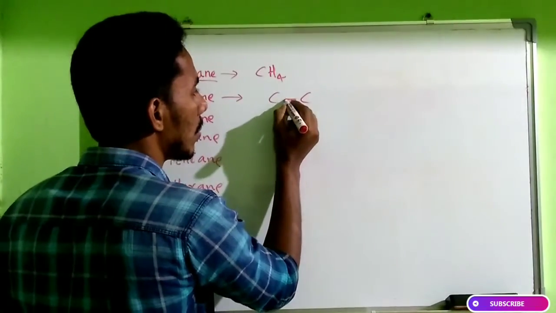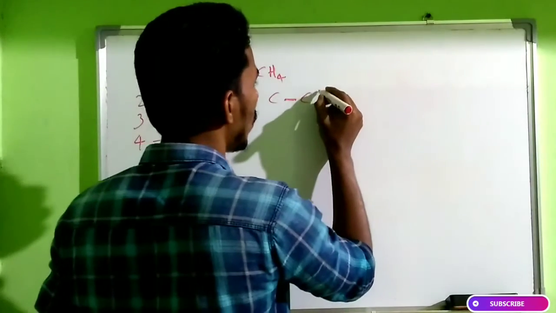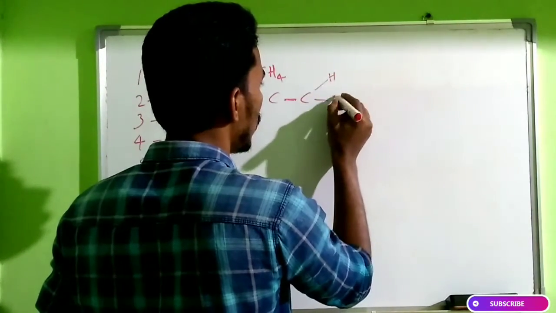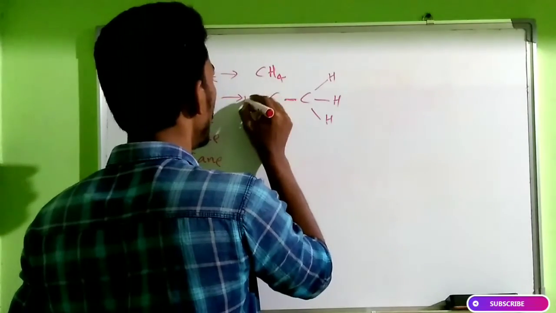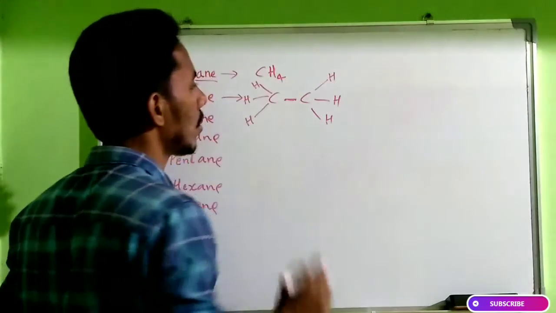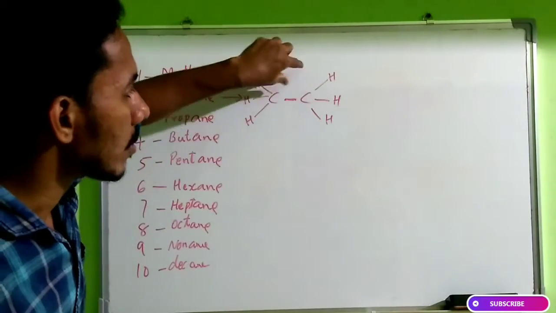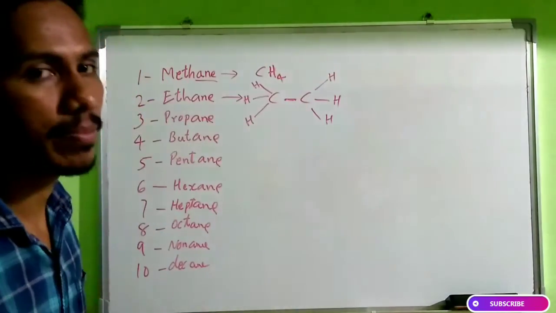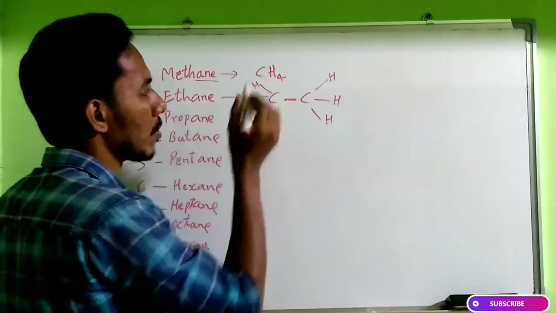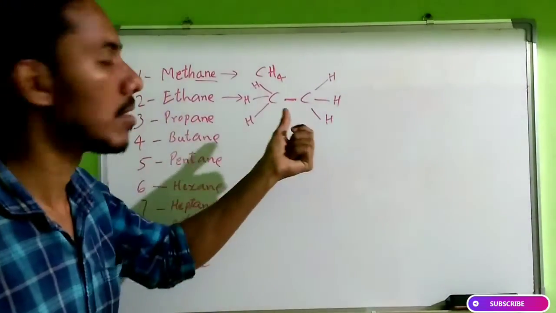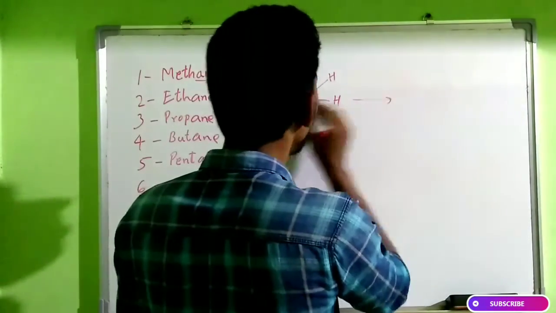Here one, here one. And how many are left? 3. So 1, 2, 3. 1, 2, 3. These are filled. How many bonds? 1, 2, 3, 4. It is for this carbon. 1, 2, 3, 4 is for this carbon. Saturated.